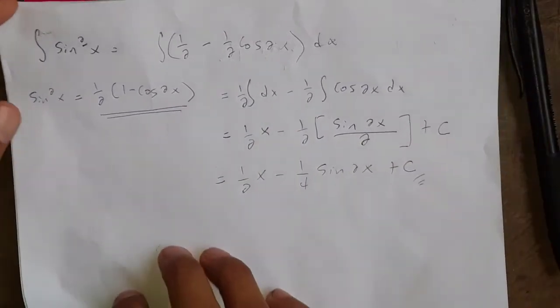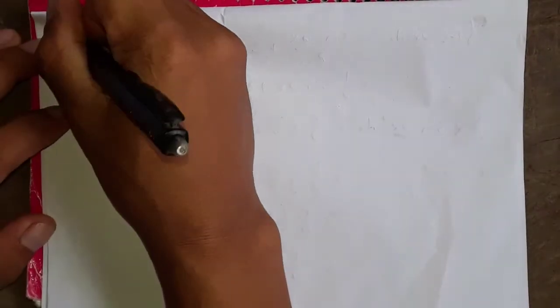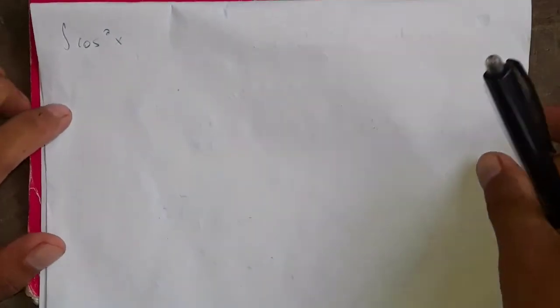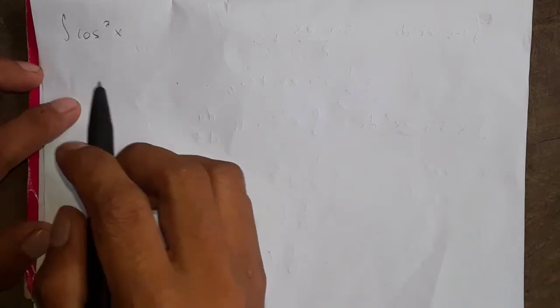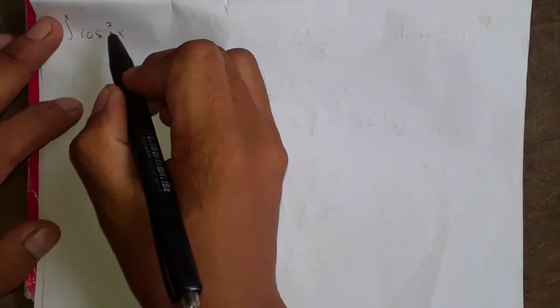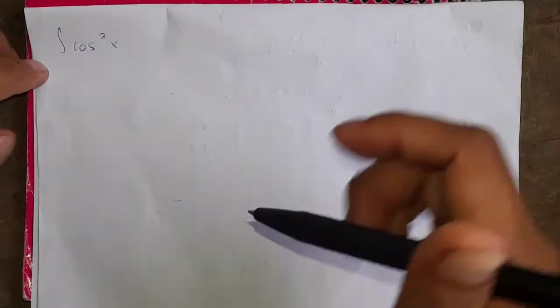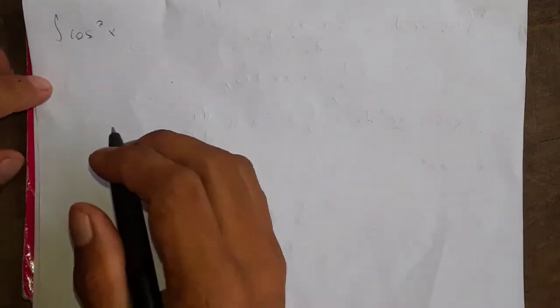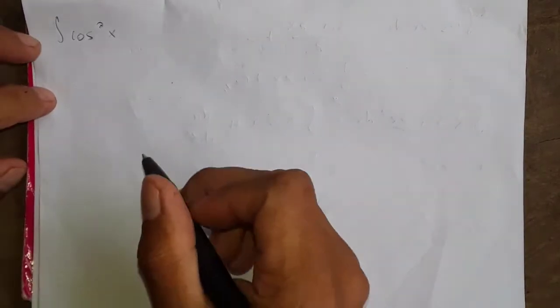So another example, if we're going to integrate a function of cosine squared of x. As I said earlier, if a sine function or a cosine function is raised to an even exponent, we substitute its equivalent identities. So we use the double angle identities to reduce the exponent.